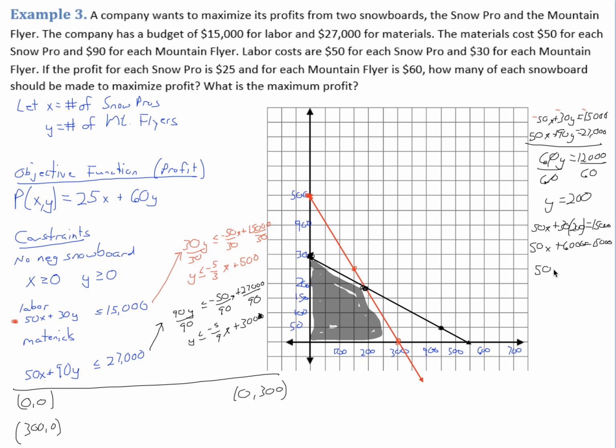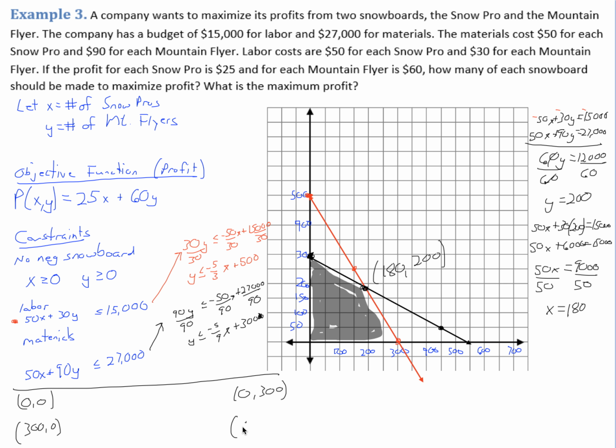So we have 50x equals 15,000 minus 6,000, which is 9,000. And then divide both sides by 50, and we get x equals 180. So this point of intersection right here is x is 180 and y is 200. And that would be our other point that we need to check.